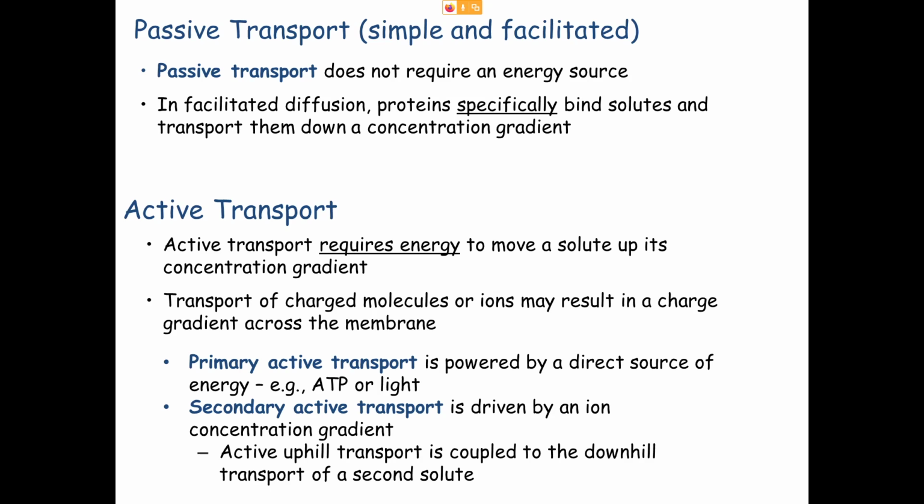Say our primary active transport pumps protons across the membrane. Our secondary active transport then allows those protons to come back across and at the same time transport something else across the membrane against its gradient. That may be in the same direction, it may be in the opposite direction. But what secondary active transport means is it's secondary to some other input of energy at a primary site.